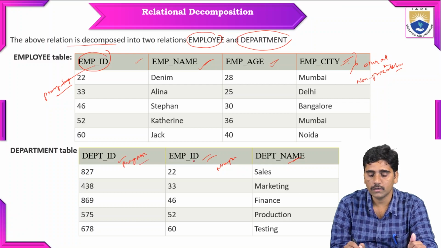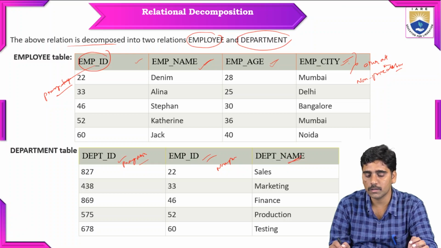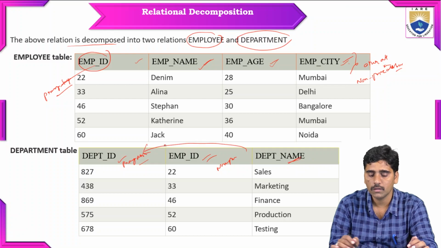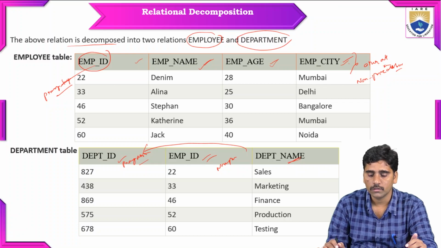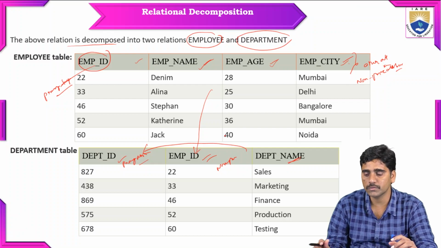So the employee ID and the department name are depending on department ID, and employee name, employee age, and employee city are depending on employee ID. This is the way you can decompose the table.